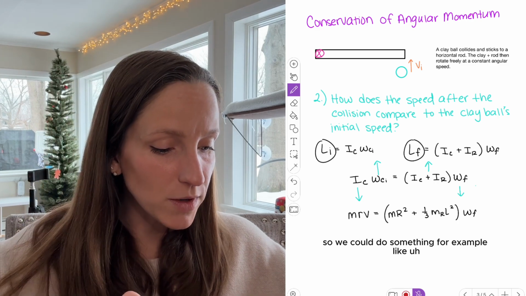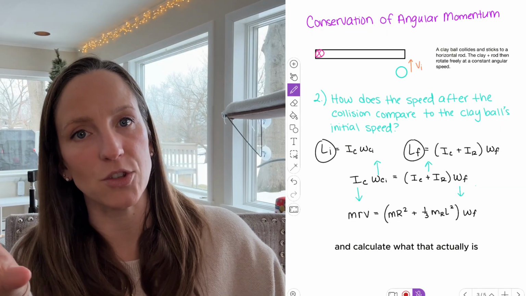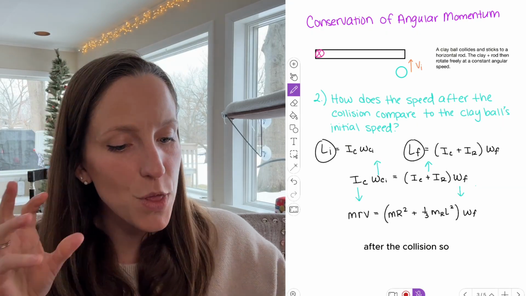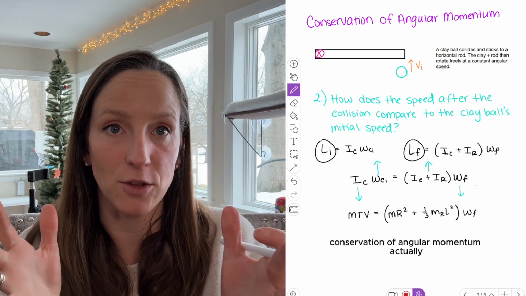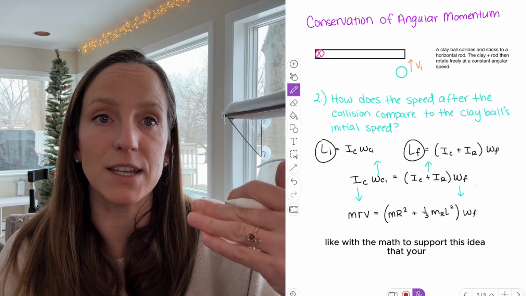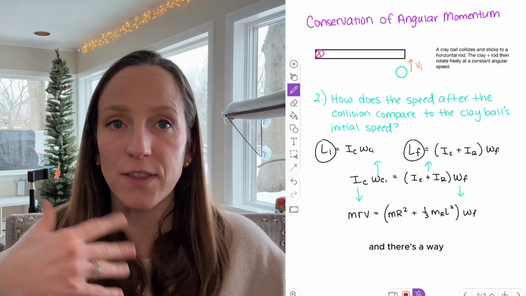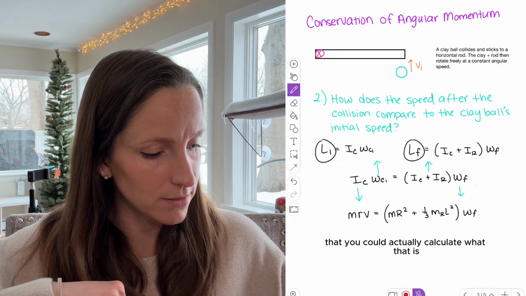So we could solve for the angular speed and calculate what it actually is after the collision. That is how you can apply conservation of angular momentum, with the math to support the idea that your final speed post-collision is going to be smaller than your initial speed, and there's a way you could actually calculate it.